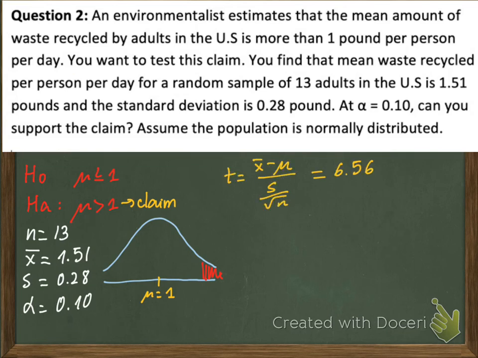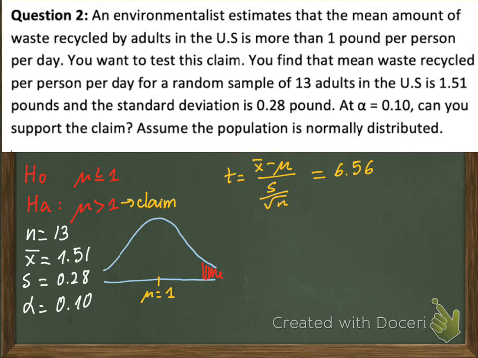And we know that we need to use the t-test because sigma is unknown. Because the population standard deviation is unknown, we have to use t. We can't use z. Also, the sample size is too small, so using t makes more sense.